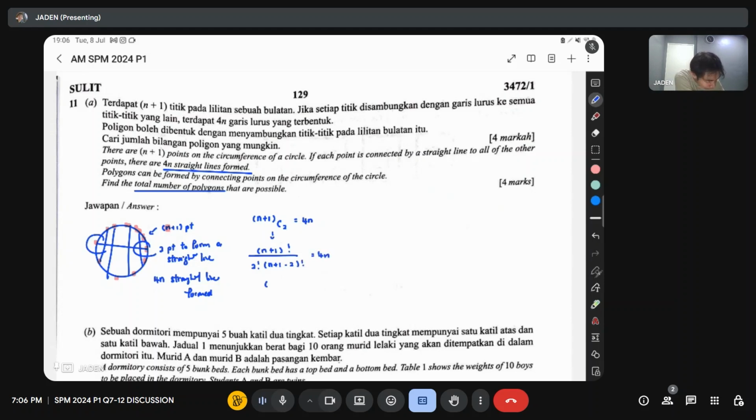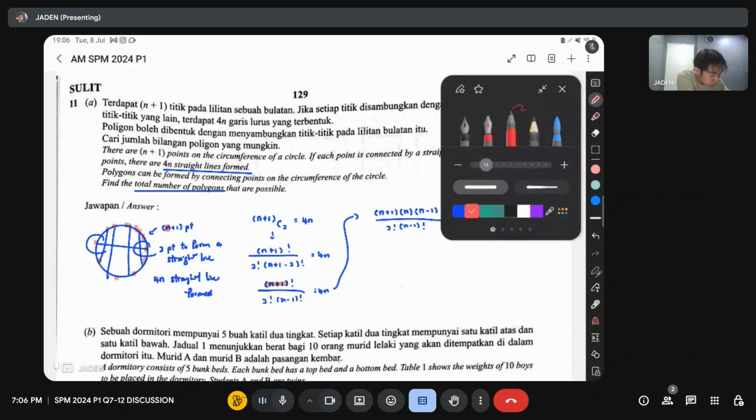Inside the bracket, n plus 1 minus 2, so you get (n minus 1) factorial, equal to 4n. Let's continue from here. At the top, the numerator, I want you to convert this into (n plus 1) times n times (n minus 1) factorial, over the bottom one, 2 factorial times (n minus 1) factorial.